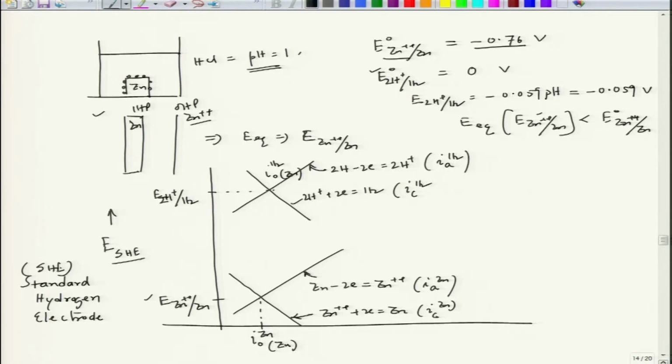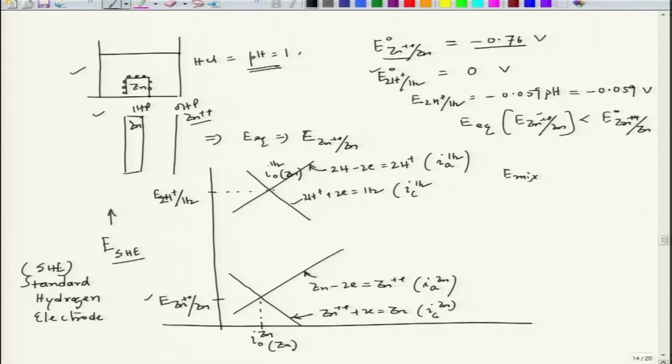Now, whenever we have two systems working in tandem in a particular situation like this, we have to make use of mixed potential theory. We have already explained mixed potential theory at the end of third lecture, saying that there could be a number of cathodic and anodic reactions, and at the same time the system will try to find a mixed potential where the net current density corresponding to cathodic current and the net current density corresponding to anodic current will be similar.